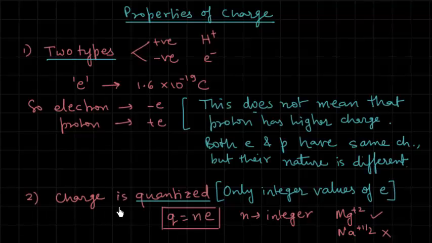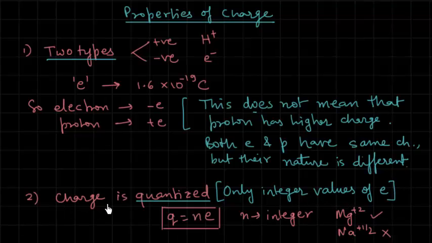Second, charge is quantized. What quantized means is, for example, when you are playing football, you either play with 11 players, or with 9 players, or with 2 players on one side of the team. You don't play with 2.5 players. In football, the number of players can only be an integer value.